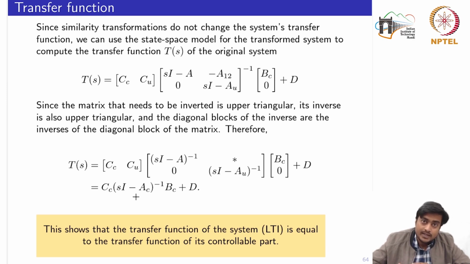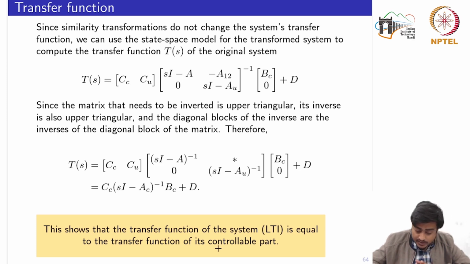What it also implies is that whenever a transfer function is given to you, those plants are always controllable. And this would be equal to the transfer function of the original system. This shows that the transfer function of the system is equal to the transfer function of its controllable part. So this is the important conclusion.